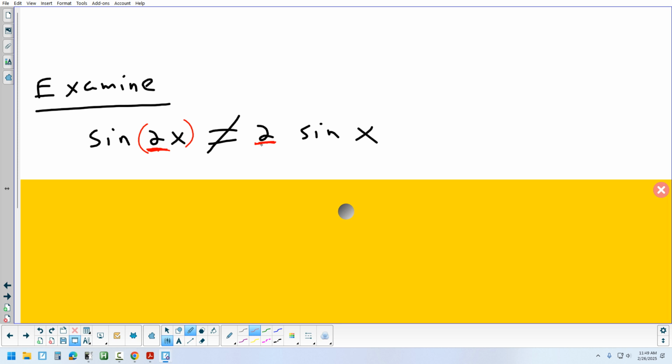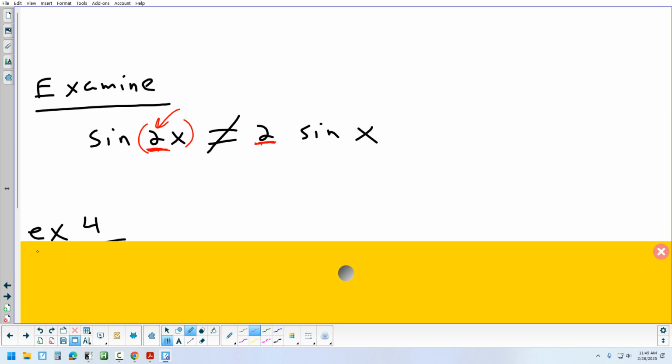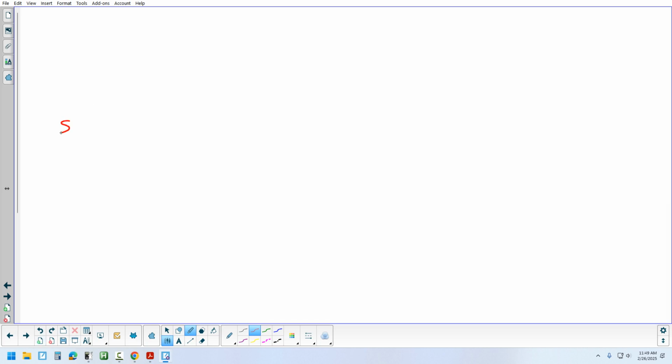So that leads us to another formula. What happens when you have a 2, specifically just a 2? If it's a 3 or a 4, it starts to get harder. But if it's a 2 in front of x, how do we deal with that 2? Well, let's look at this.